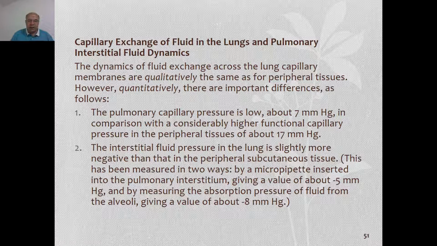And second, the interstitial fluid pressure in the lung is slightly more negative than that in the peripheral subcutaneous tissue. This has been measured in two ways: by a micropipette inserted into the pulmonary interstitium, giving a value of about -5 mm mercury, and by measuring the absorption pressure of fluid from the alveoli, giving a value of about -8 mm mercury.